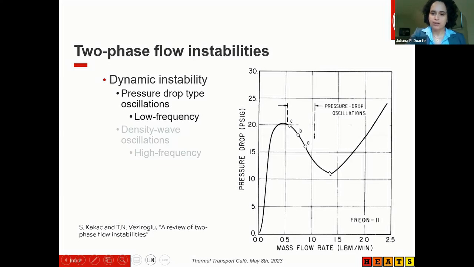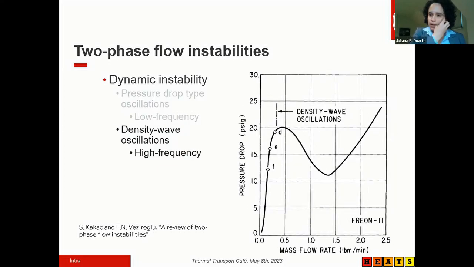As we start boiling at the middle point here, and you start creating two-phase flow, as the mass flow rate now decreases, your pressure drop is actually going to increase for lower void fraction regimes. So in these situations, when we have this negative slope of the pressure drop with the mass flow rate, we can observe pressure drop oscillations, which are characterized by lower frequencies.